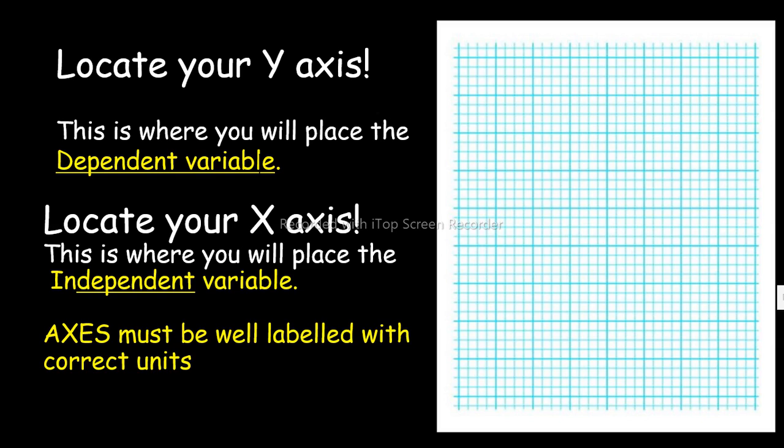Okay? The one that can be manipulated. If I find you having a graph where you have the independent on y and the dependent on x, I'll just be like, man, damn it. Okay? And your axes must be well labeled.